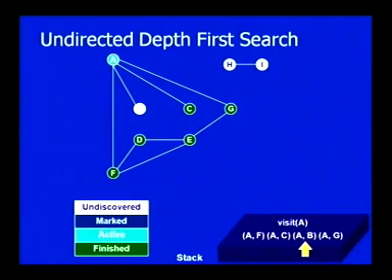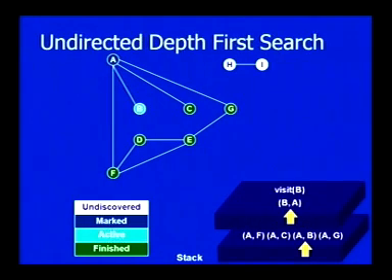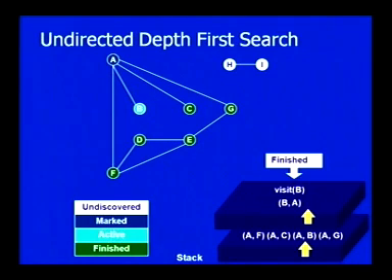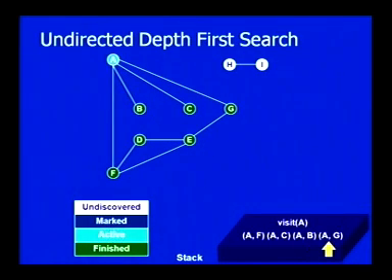You go to the next one, A comma B. B is a newly discovered node. The neighbor of B is A, and A is already visited. So the entry is over, it is finished, and you pop it off.